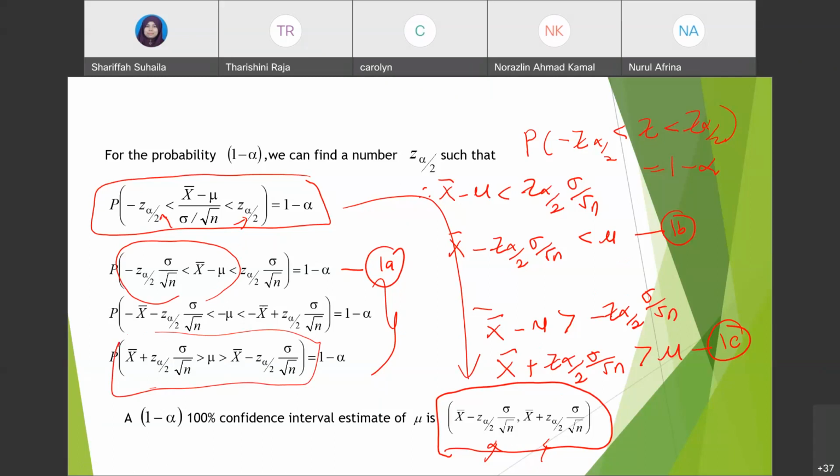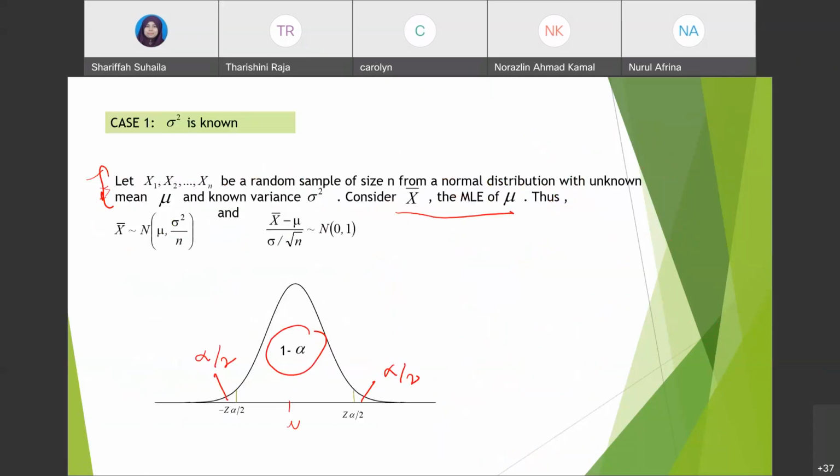The case is sigma is known, or sigma square is known. But we consider here that your x bar is the MLE for mu. That means we have a random sample coming from a normal distribution, you have unknown mean mu, but you have known variance sigma square. So your x bar is the MLE for mu. Okay.